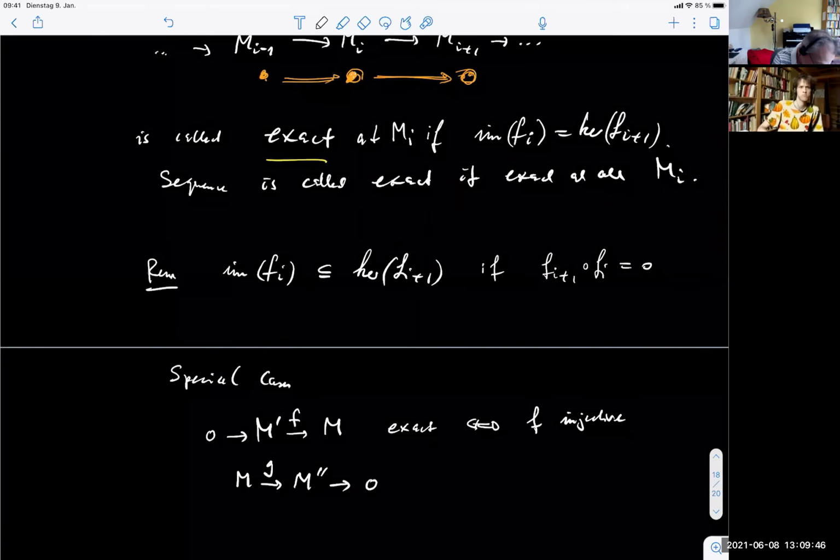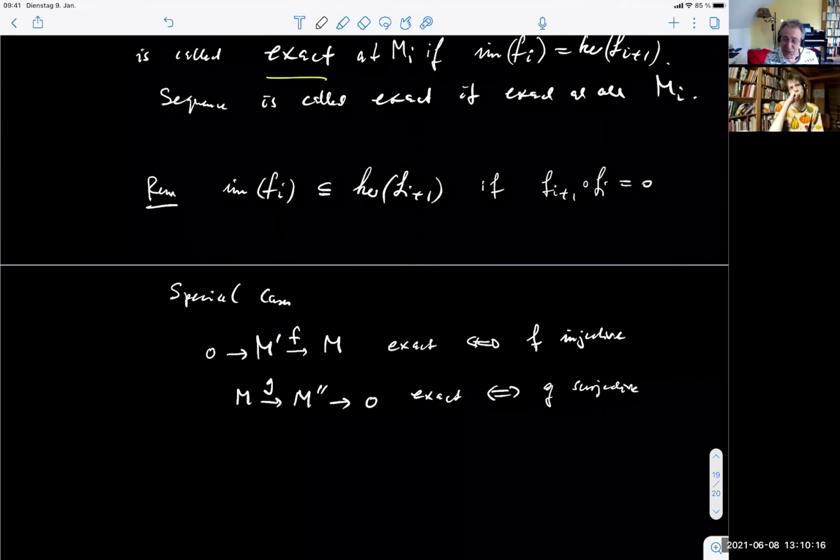And this being exact means the image of G is the kernel of this map. But the kernel of this map is M2 prime because it's a 0 map. So this means G is surjective.